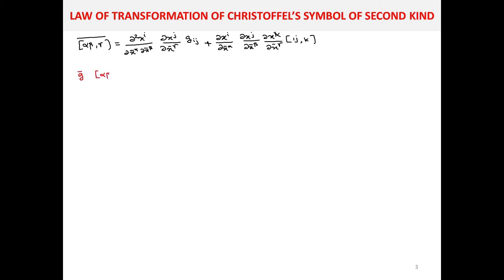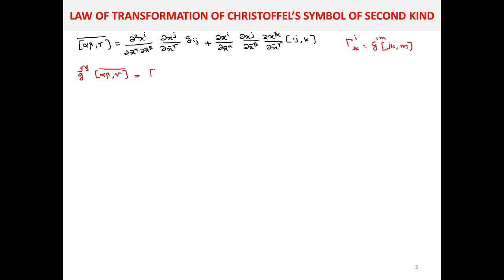You know that the Christoffel symbol of the second kind {i, jk} is g^{im} times [jk,m]. Then one index will be gamma. You have to add one more index, let it be rho. When you multiply these two, you will get the Christoffel symbol of the second kind.